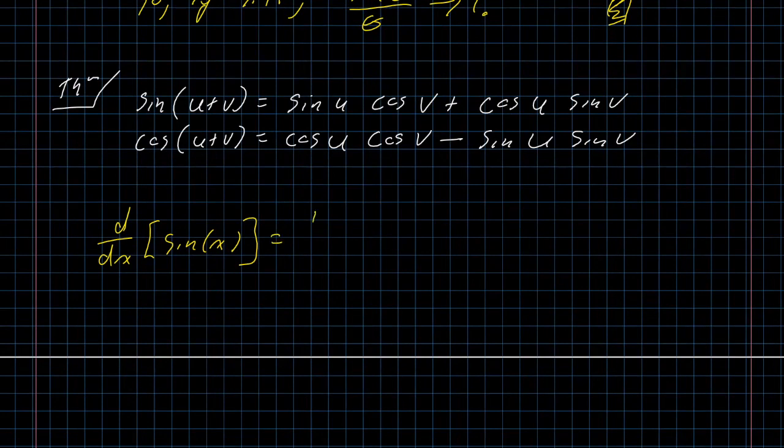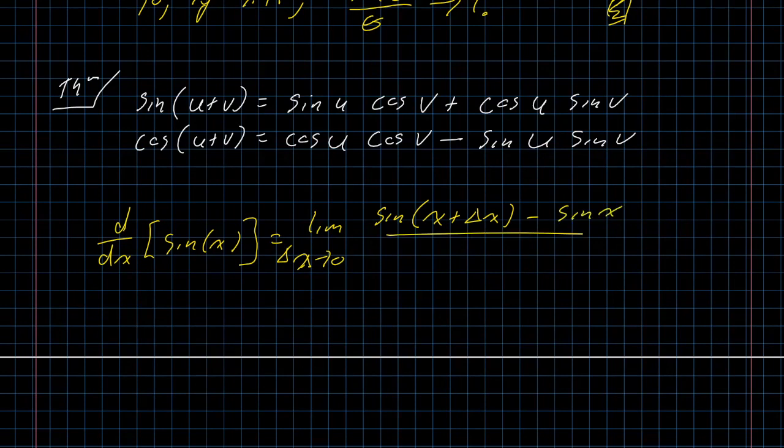Well, by definition, that's the limit as delta x goes to 0 of f of x plus delta x. So in this case, that's going to be sine of x plus delta x minus f of x, in this case, just sine of x, all over delta x.